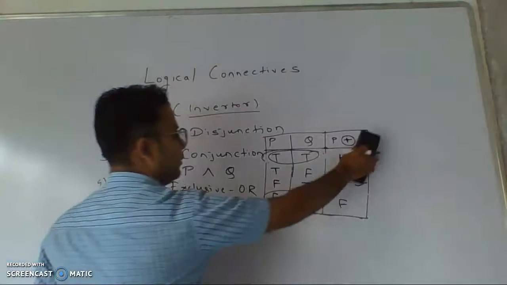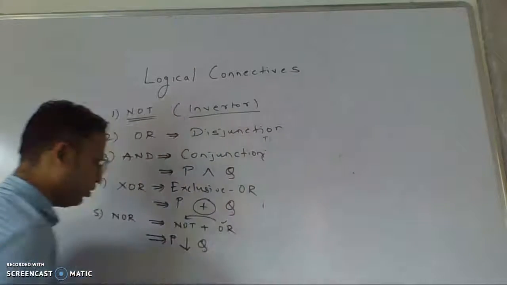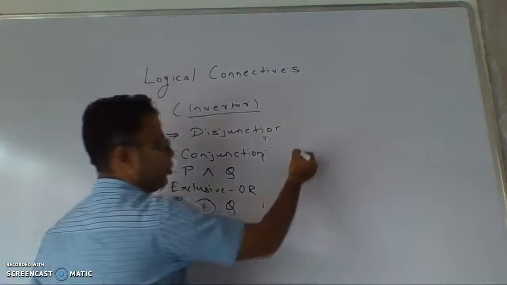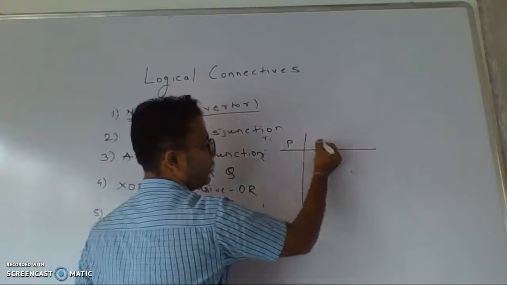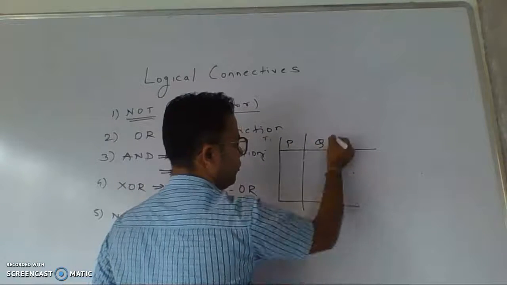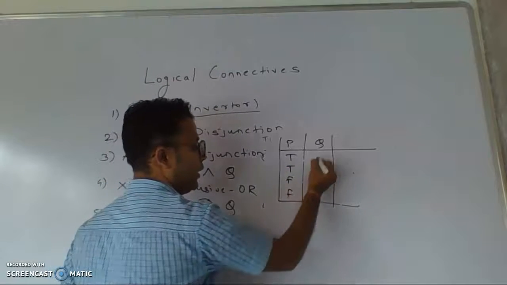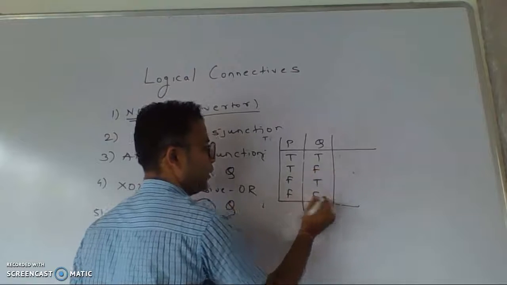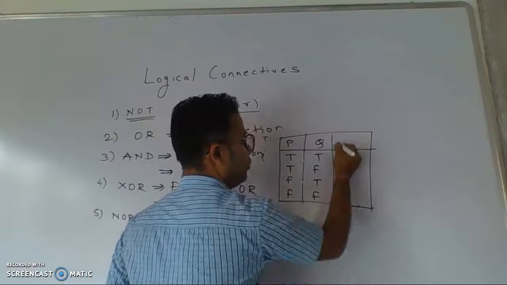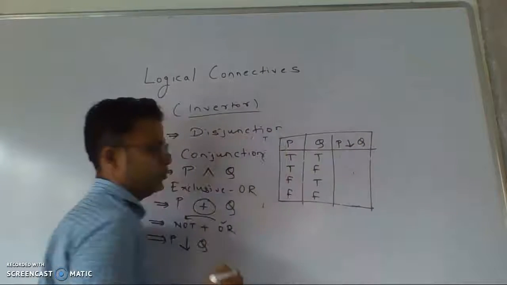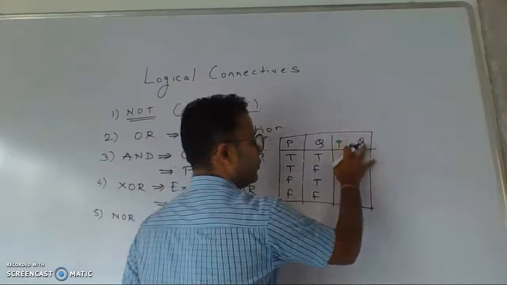Now let's see its truth table. As I said, the truth table of NOR can be obtained by negating the truth table of OR. So let's first find the truth table of OR. P and Q are there: P is T, T, F, F and Q is T, F, T, F. So for P NOR Q, we first have to obtain OR.